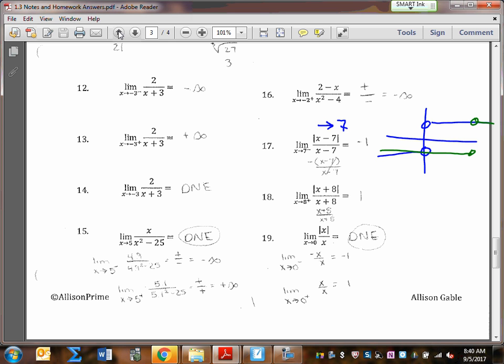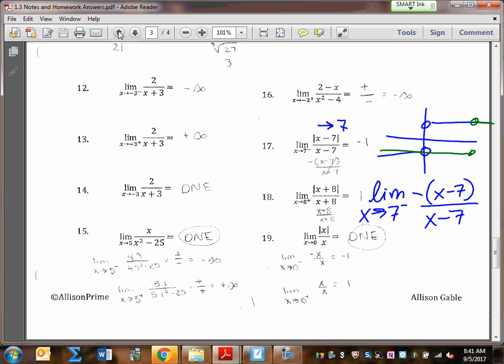So approaching 7 on the left, if you think of your graph, that's going to be negative 1. Or taking it from the algebraic form, since we're approaching that vertex from the left-hand side, that means we want to take the opposite. So the limit as x approaches 7 from the left is considering the negative version of that absolute value.